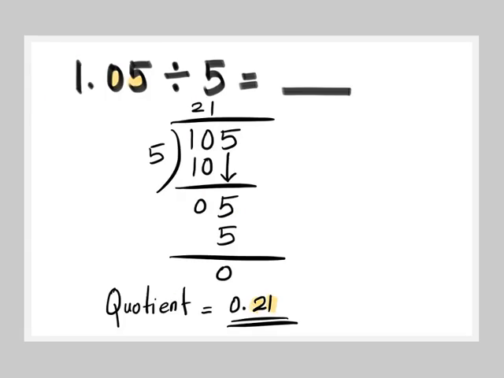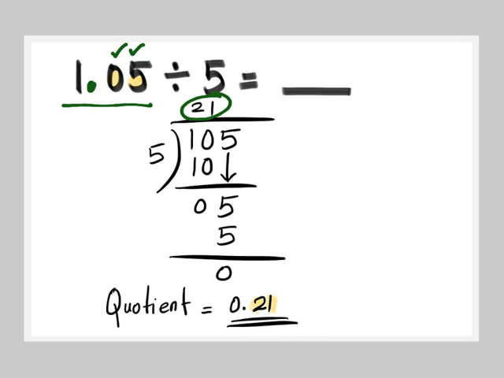Here again, 1.05 divided by 5, do the simple division, and finally to place a decimal, check the answer. Here the quotient is 21. In the question, the decimal is 2 digits to the left.